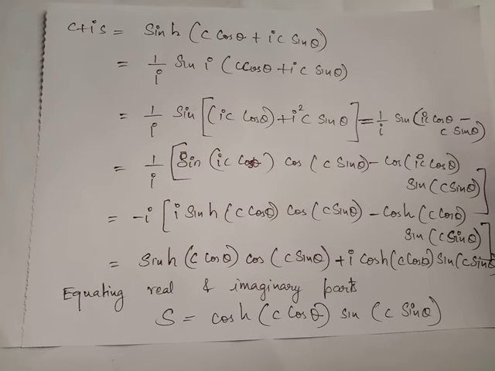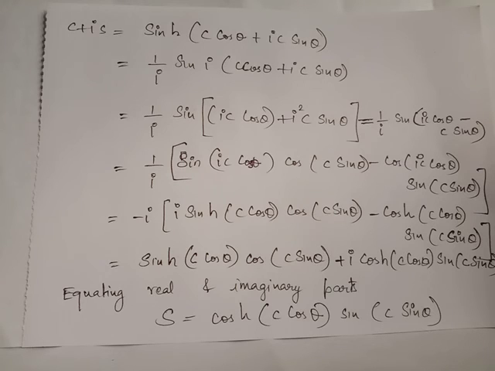Now, we multiply minus i inside the bracket. 1 by i transforms to minus i by just multiplying numerator and denominator of 1 by i using i. We get i in the numerator and i square equals minus 1 is obtained in the denominator, which can be written as minus i itself.